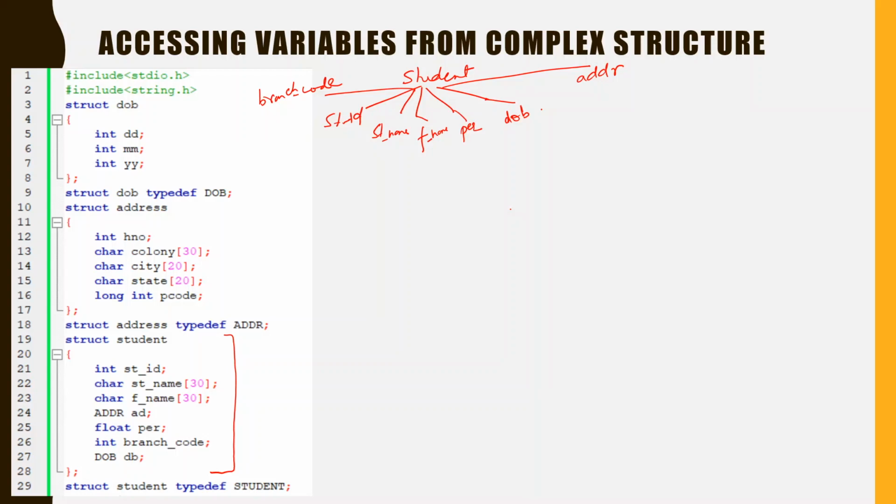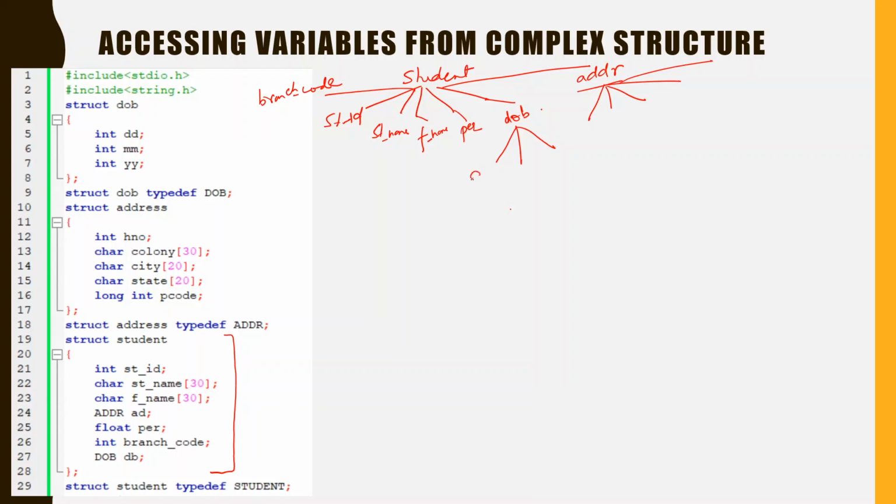Now if we consider this date of birth and address as normal strings, as a single entity, then we can use the same example that we did in the previous video, and these can be stored directly as strings. But we can observe here that DOB, date of birth, and this address are themselves complex data types. Why? Because date of birth can have three attributes of its own, and address can have multiple attributes of its own.